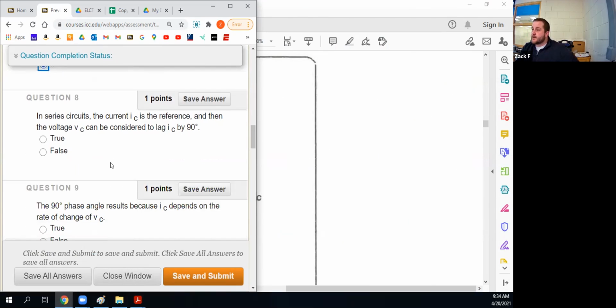In series circuits, the current I sub C, so capacitive current, is the reference. Then the voltage, capacitive voltage, can be considered to lag capacitive current by 90 degrees. Is that true or false? True. Let's look on your formula sheet.